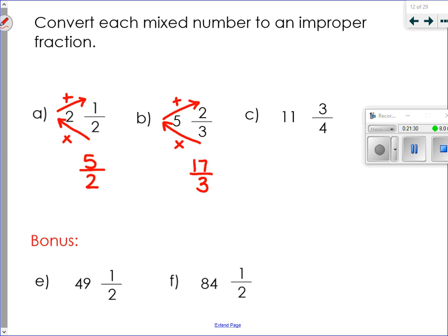Right. Keep your denominator, it will always stay the same. What about this one? 11 times 4 is 44, plus 3 more, 47, and our denominator, we're talking still about quarters.